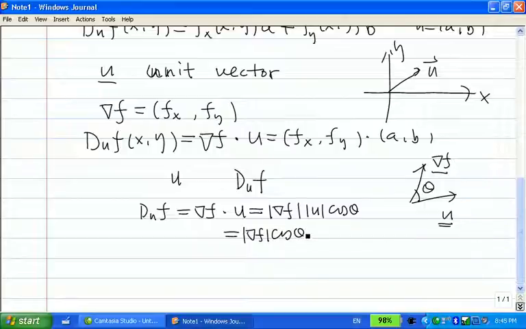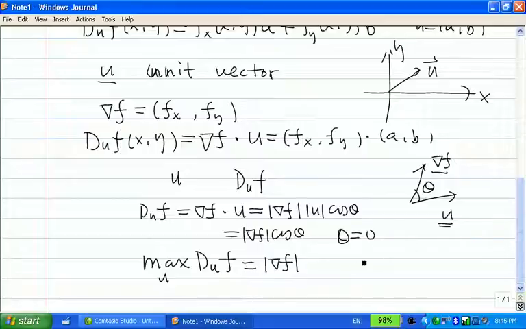So when you change u, that means you change theta. Obviously, when theta equals 0, this reaches its maximum. So the maximum of the directional derivative over all u is equal to the magnitude of the gradient of f. Its maximum is reached when theta is 0.